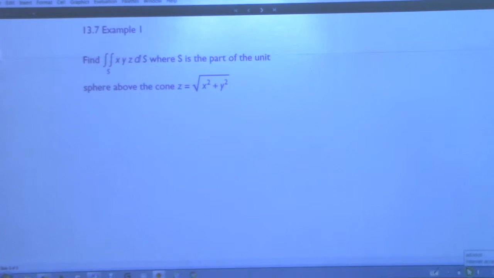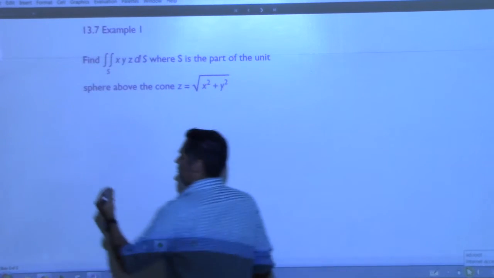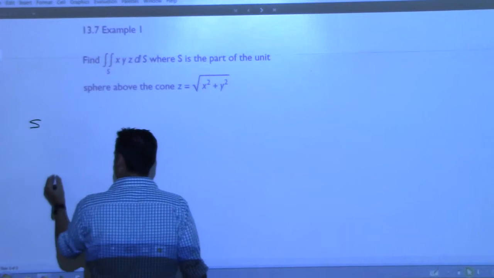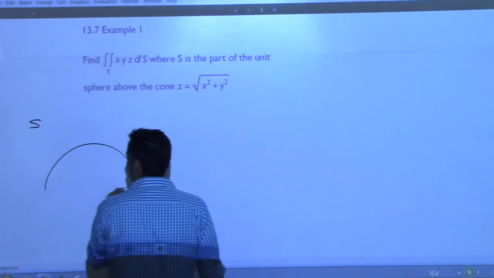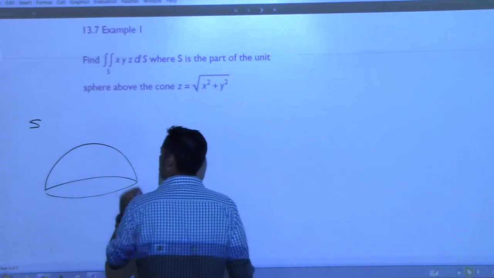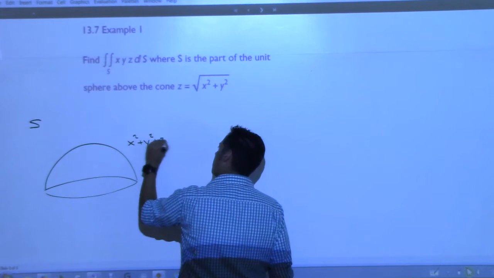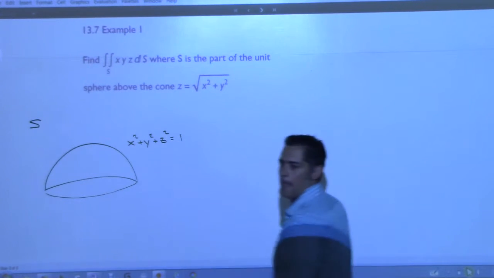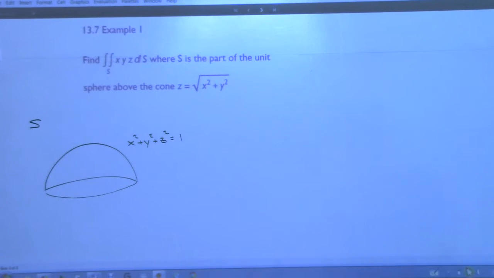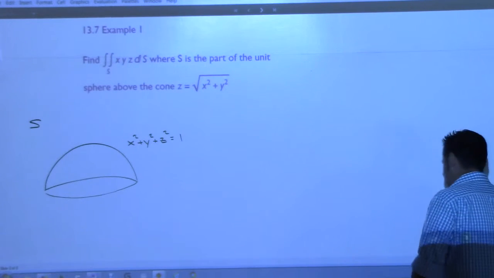Let's try and get our heads around what S is. For S, we have the top half of the unit sphere. We know the equation: x squared plus y squared plus z squared equals 1. And then the cone, z equals the square root of x squared plus y squared.